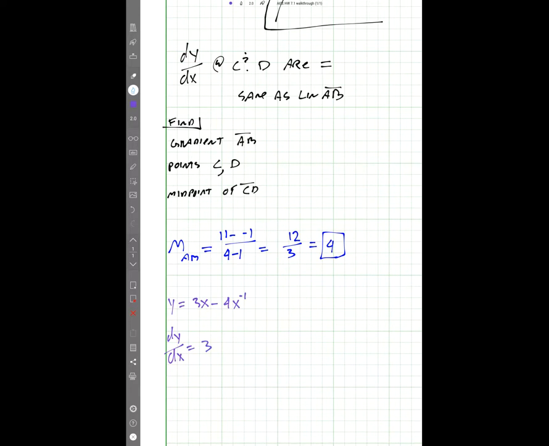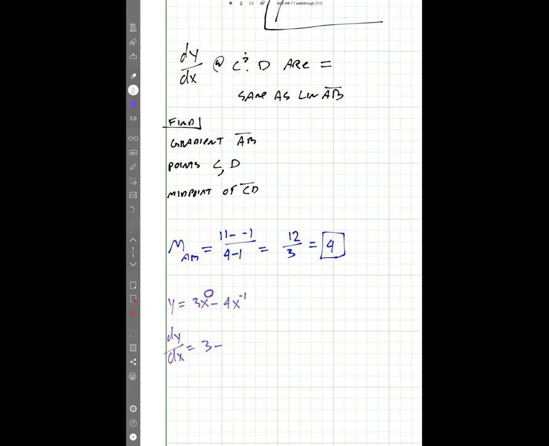So we're going to multiply by our exponent and then subtract.